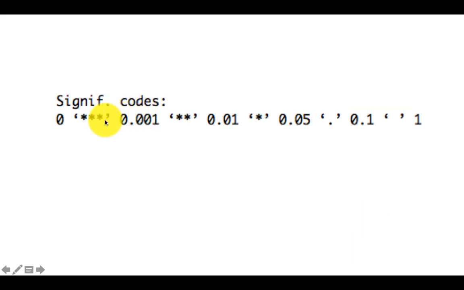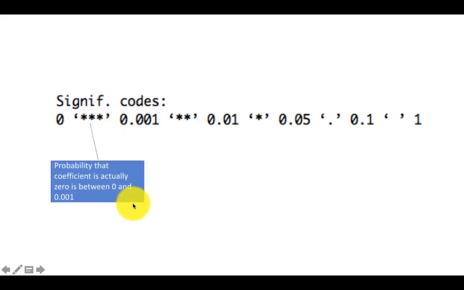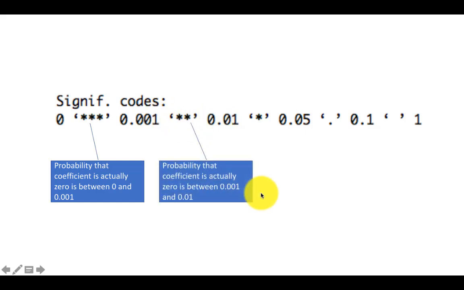So these are the significance codes, and what this is telling us is if you see 3 stars, then the probability that the coefficient is actually 0 is between 0 and 0.001. So if that probability is between 0 and 0.001, then you'll see 3 stars. If it's between 0.001 and 0.01, then you'll see 2 stars and so on. So that is how you interpret what is in the last stars.